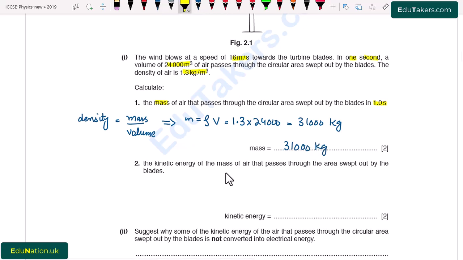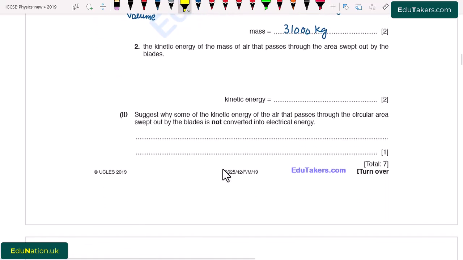Part 2. The kinetic energy of the mass of air that passes through the area swept out by the blades. Here we have to find the value of kinetic energy. We know that kinetic energy is associated with motion. So I write here the formula of kinetic energy. It will be equal to half mv square.